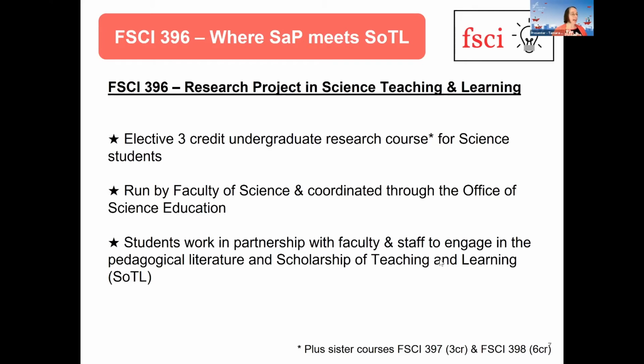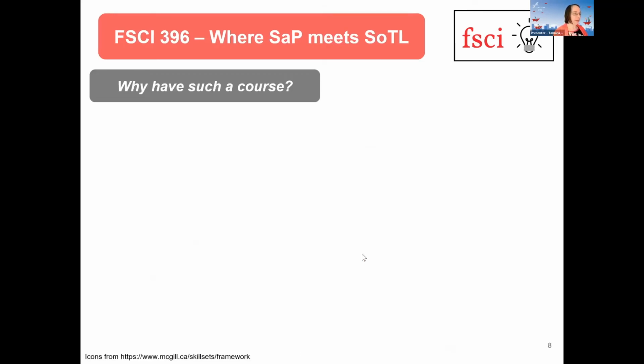In FSCI 396, which we just tend to call FSCI, students work in partnership with faculty and staff to engage in the pedagogical literature and therefore in evidence-based methodology, and look at how we can co-design, inquire into and assess the teaching and learning in the faculty and into outreach as well, and therefore move into the scholarship of teaching and learning as a partnership.